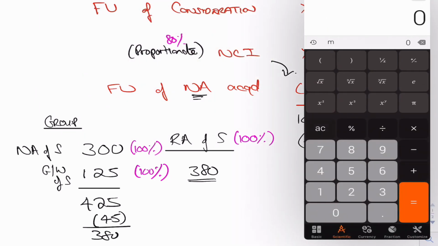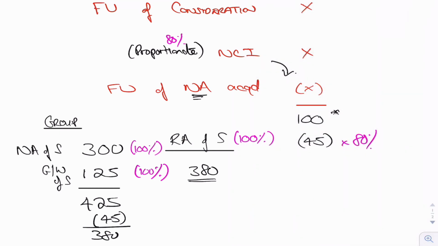So 45 times 0.8 is 36. So actually, all I would take off is 36. That's how it would work out, okay? A little bit tricky, so we'll do some more numbers on it, but that's the basic idea.